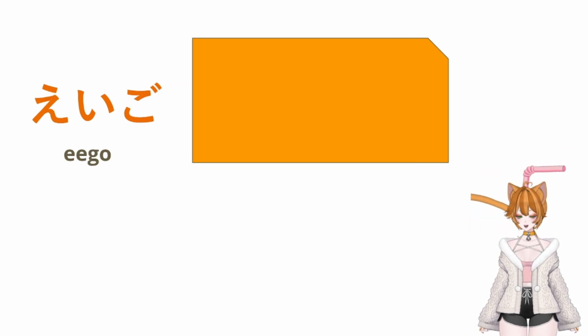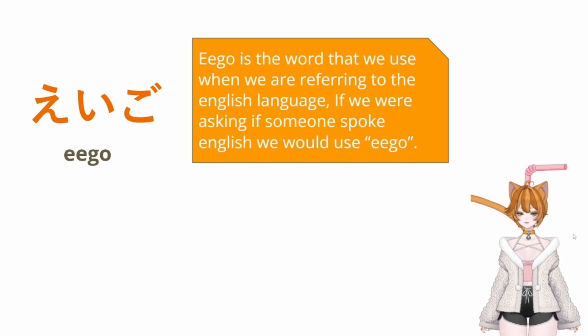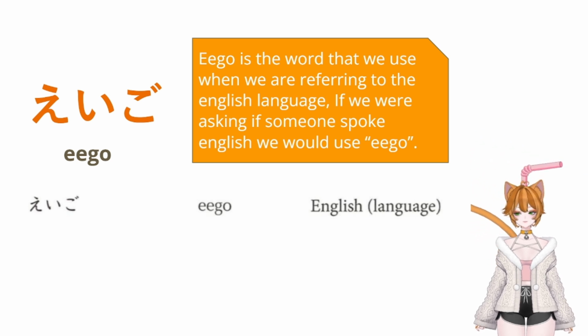Alright, our next one is going to be ego. Ego is the word that we use when we are referring to the English language. If we were asking if someone spoke English, we would use the word ego.